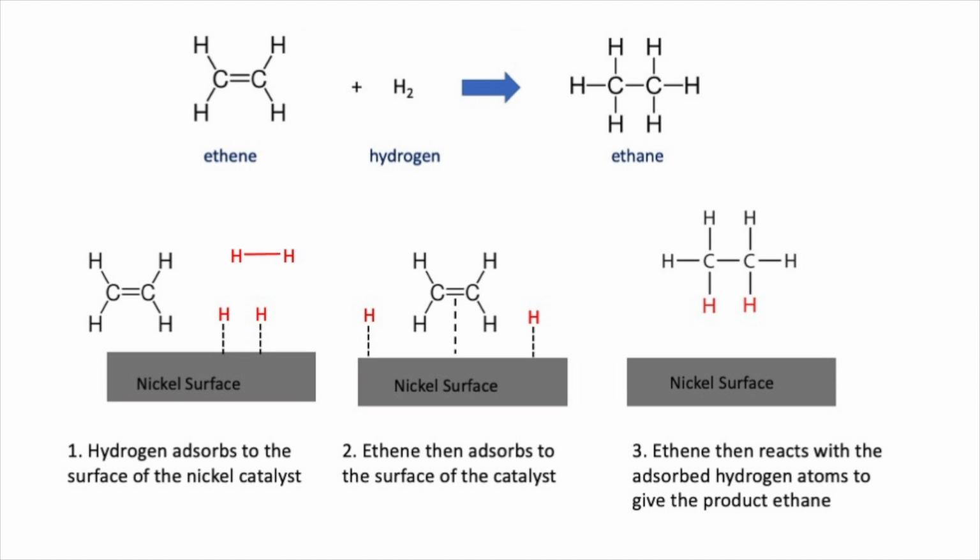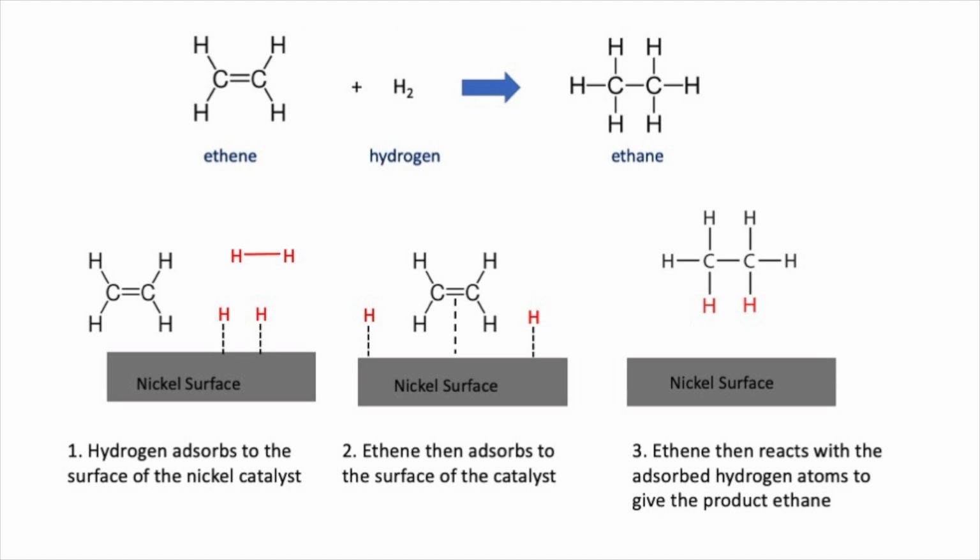So an example of a heterogeneous catalyst that works in this way is nickel in the reaction of alkenes and hydrogen. So if we have ethene reacting with hydrogen to form ethane, which is carried out with a nickel catalyst at around 150 degrees C, we find that the first step is for the hydrogen gas to adsorb to the surface of the nickel catalyst.